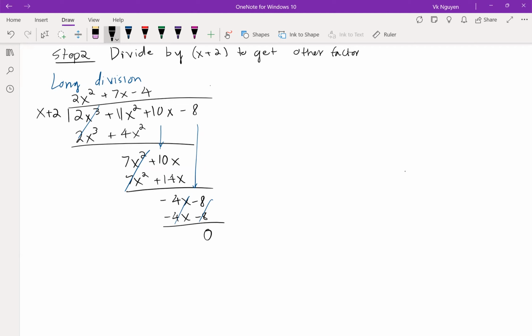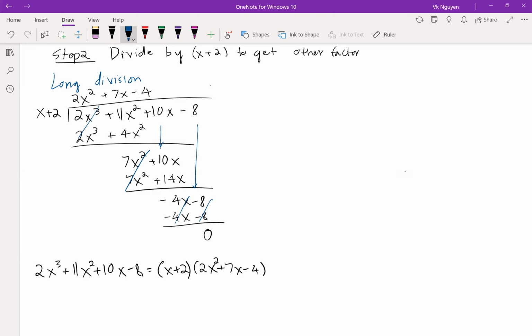This means that 2x^3 plus 11x^2 plus 10x minus 8 is the product of x plus 2 and 2x^2 plus 7x minus 4. A little long, but it gets the job done.